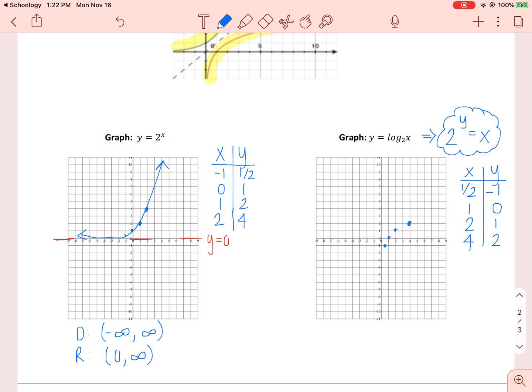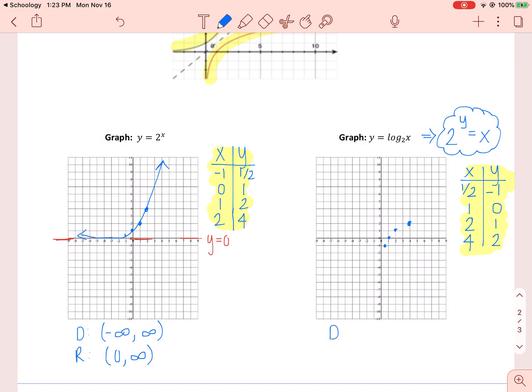I have to be careful about asymptotes. So at the beginning, we can use a calculator to find where that asymptote would be. Or we can look at the fact that these are going to be inverses of each other. Notice inverses mean x and y flip. Look at that. So I actually didn't need to transform it. I could have just flipped those values. And that also means your domain and range will flip.